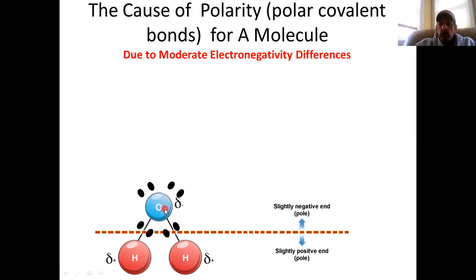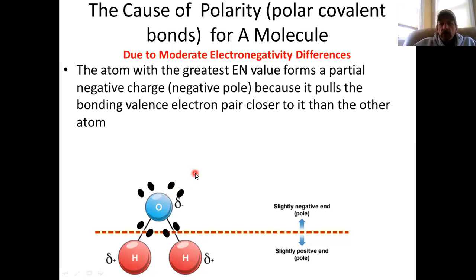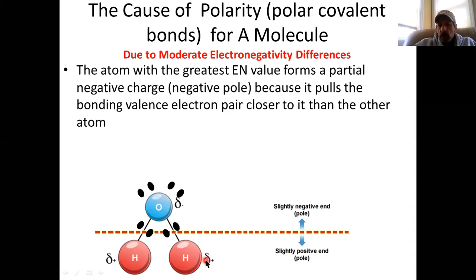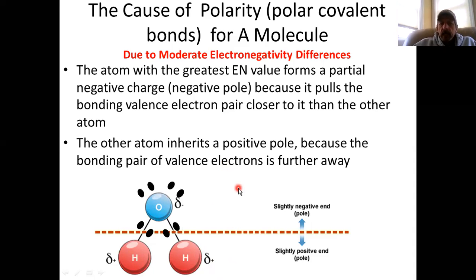And because O is a much stronger electronegative element, what we know is that it forms partial negative charge along the O and partial positive charge, indicated by sigma positive here, along the H. And this inheritance of poles relates to that attractive force.